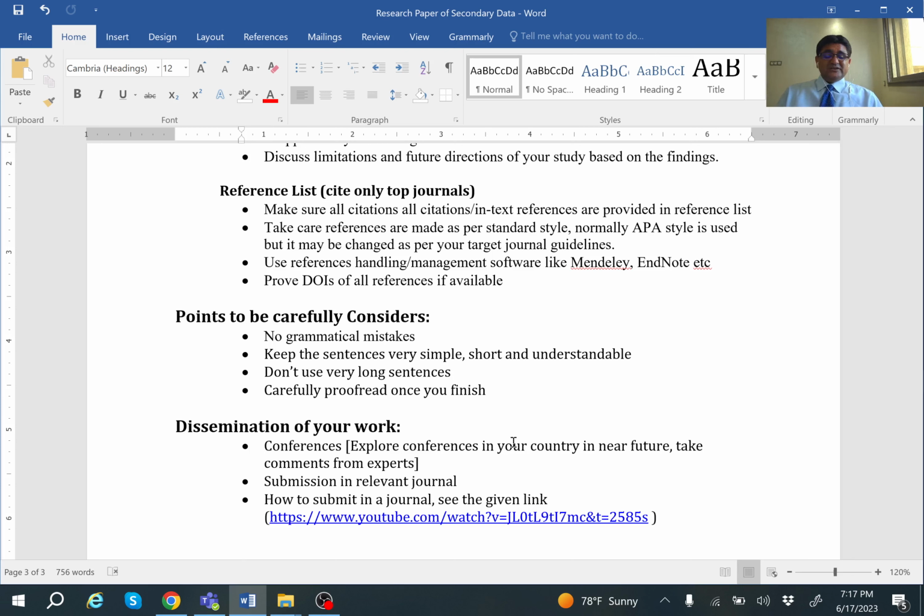So you have to disseminate the findings of your work and present it in different forums. Once you get comments or feedback from the experts, discuss with your supervisor and team, revise your work, incorporate the comments, and then submit to a relevant, reasonable journal.